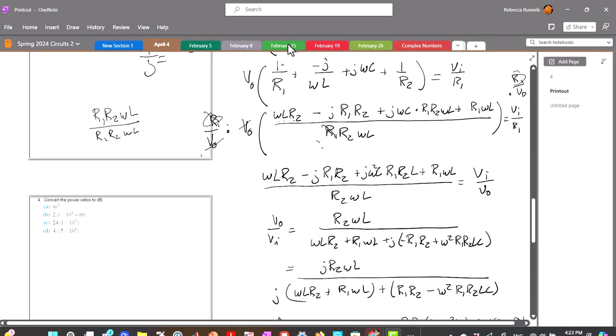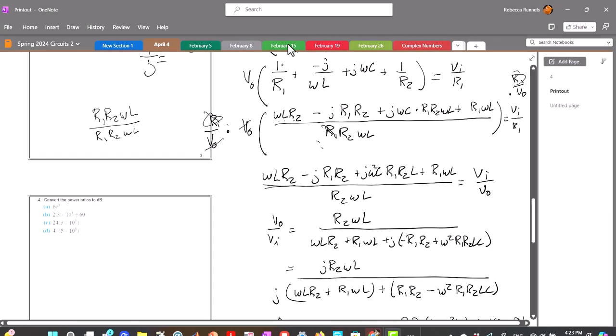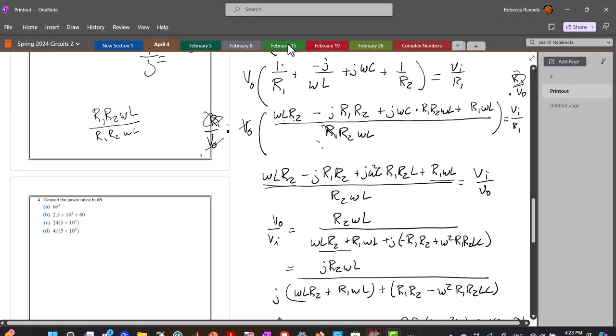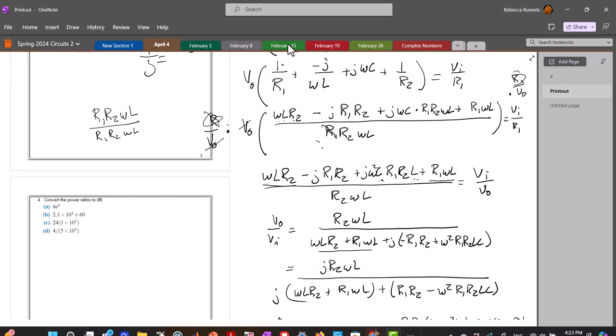When I flip it, I separate out the real and the imaginary parts, because I'm going to need to rationalize the denominator. The real parts are omega L R2 and R1 omega L. And I factored a j out of the imaginary parts, so I have minus R1 R2 plus omega squared R1 R2 L C.